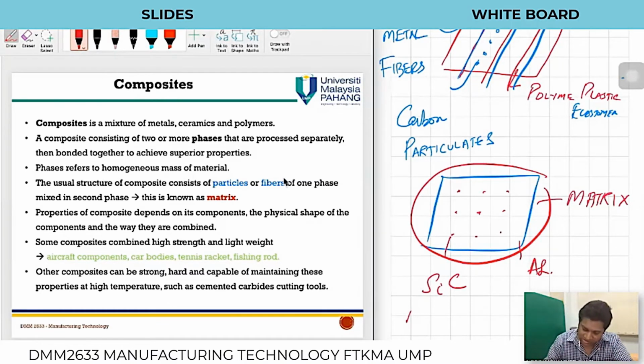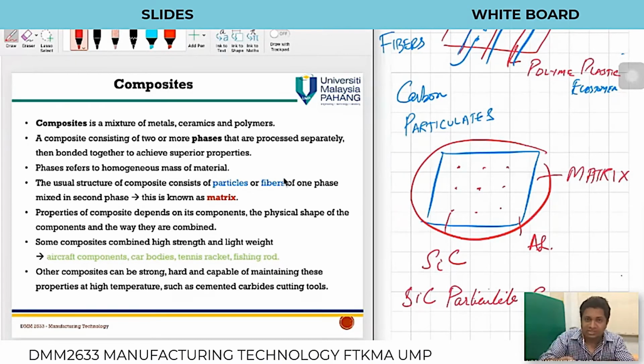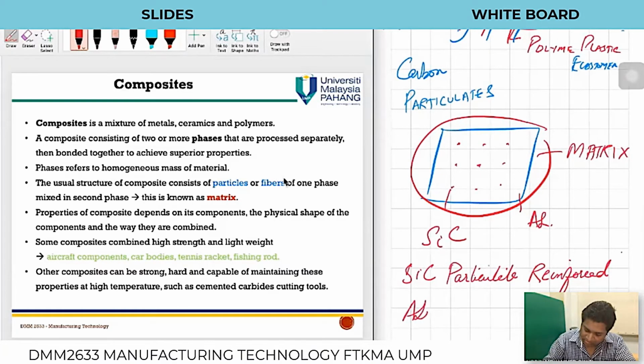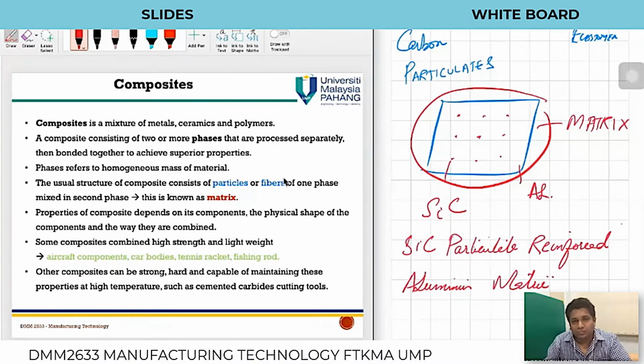So this is silicon carbide particulate reinforced aluminum matrix. I am reinforcing the aluminum matrix with silicon carbide. So this is a metallic composite, or metal matrix composite, MMC. The matrix is made of aluminum.